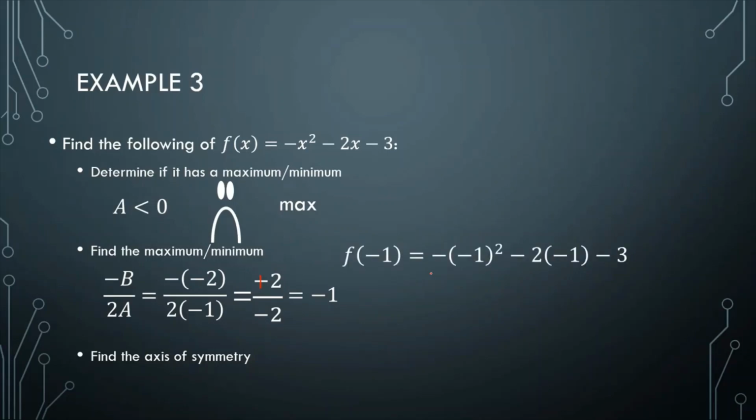So this would be negative parentheses negative 1 squared, minus 2 parentheses negative 1, minus 3. Negative 1 squared is 1, so this would be negative 1 plus 2 minus 3. Negative 1 plus 2 is 1, and 1 minus 3 gives us negative 2.